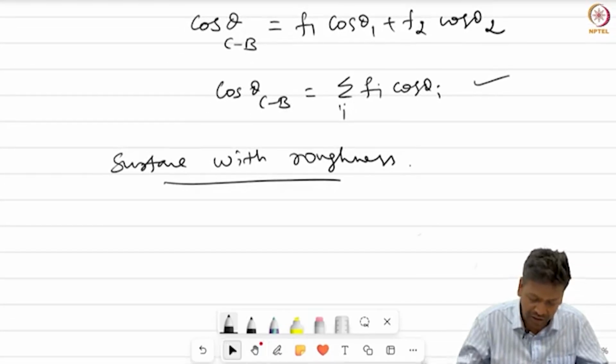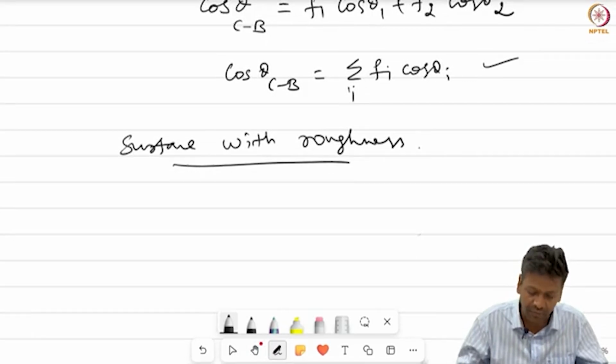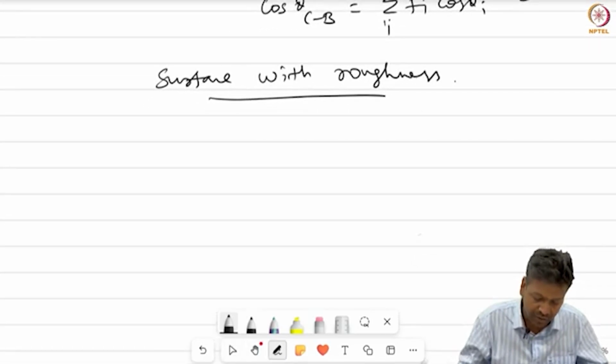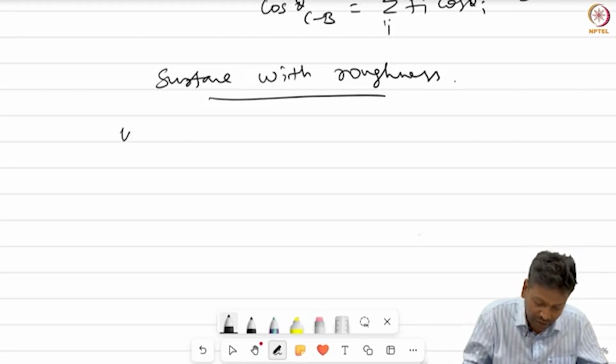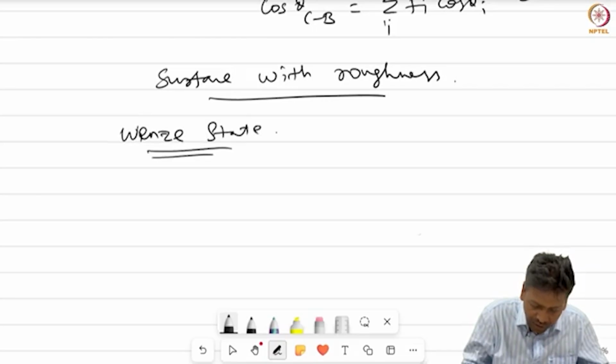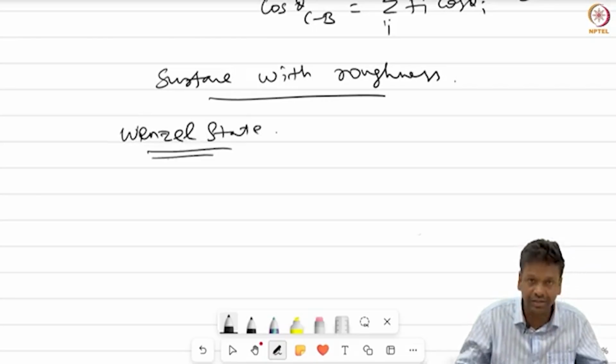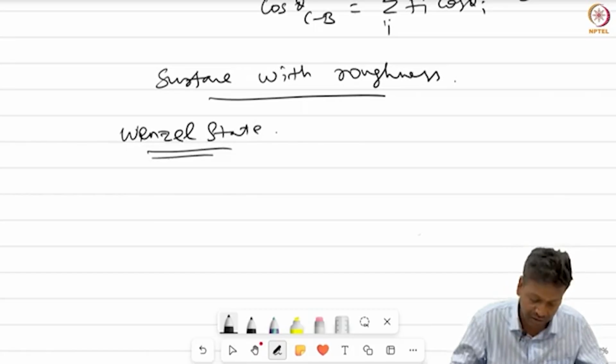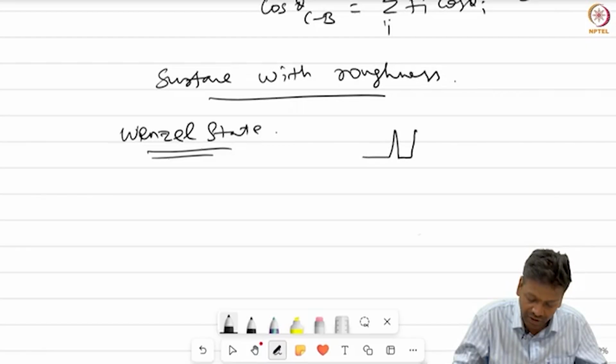The next one that we will deal with is a surface with roughness, right? So in this case, what we will have is the Wenzel model, the Wenzel state, okay? Okay. So what does it represent? I mean, what it says is that let's say you have a surface with roughness, right?